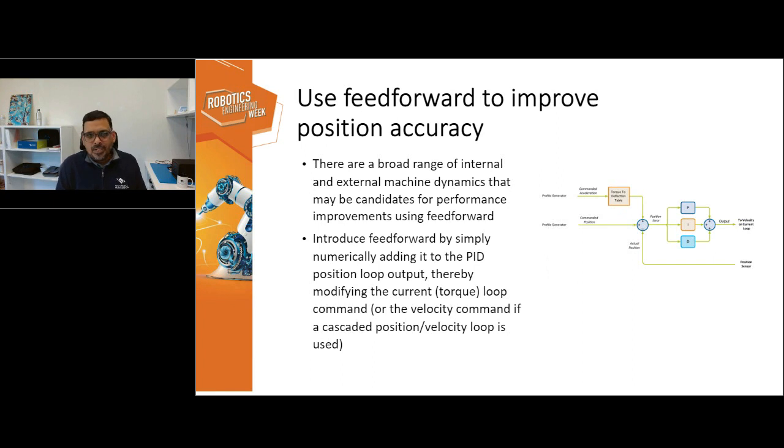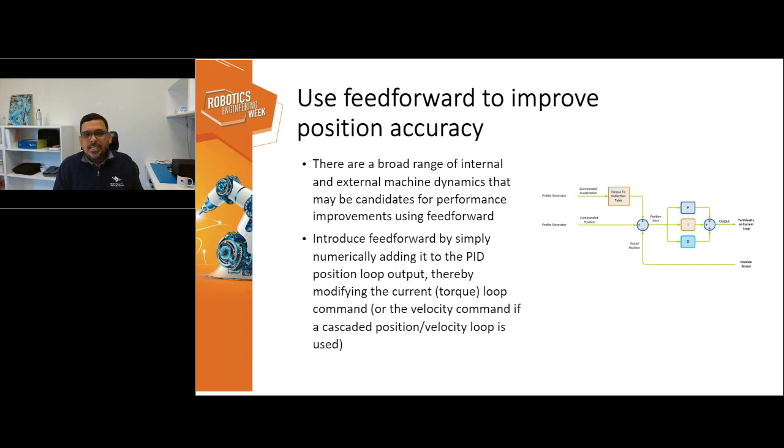So typically what we've done is characterize the mechatronics and the mechanical construction, and then we add feed-forward terms. This example actually has a torque to deflection table. There's a feed-forward term that's added to your profile generator.